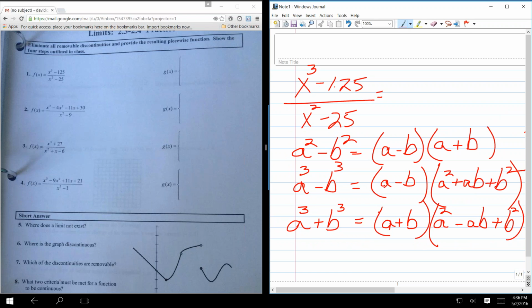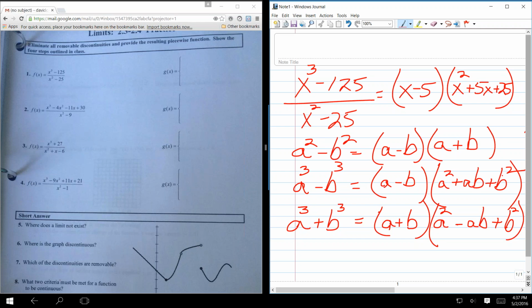Because what we have in the numerator is the difference of perfect cubes. What is a and what is b? x and 5. Okay, so what's the first term? So x minus 5. Second term? x squared plus 5x, and then plus 25.